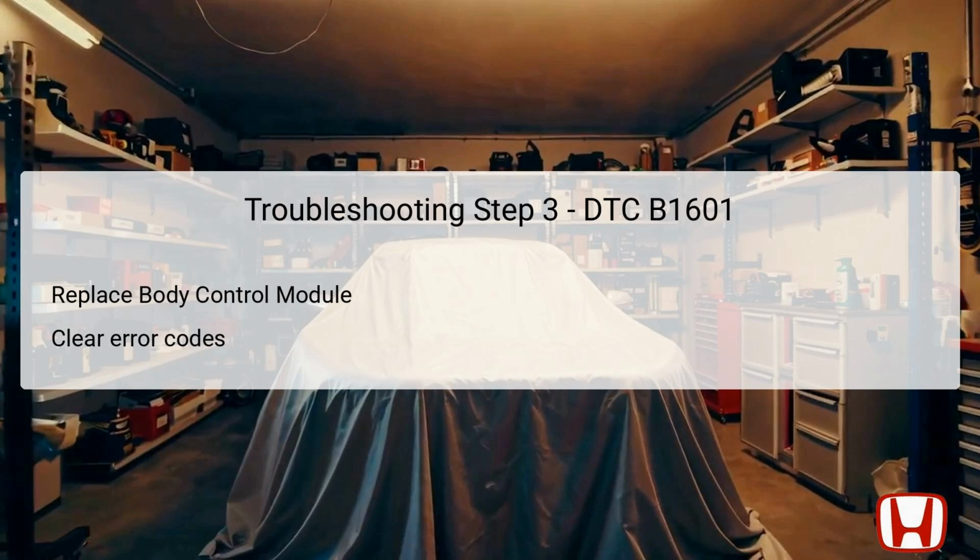After installing the new BCM, technicians need to clear any stored error codes, including DTC B1601, to reset the vehicle's error reporting system. This step not only ensures that the new module is functioning correctly, but also prepares the system for ongoing diagnostics. Completing this step correctly is vital for restoring the vehicle's electronic functions to their optimal state.